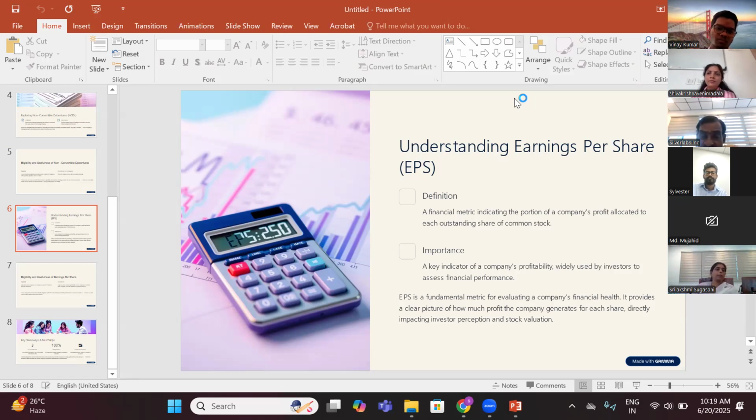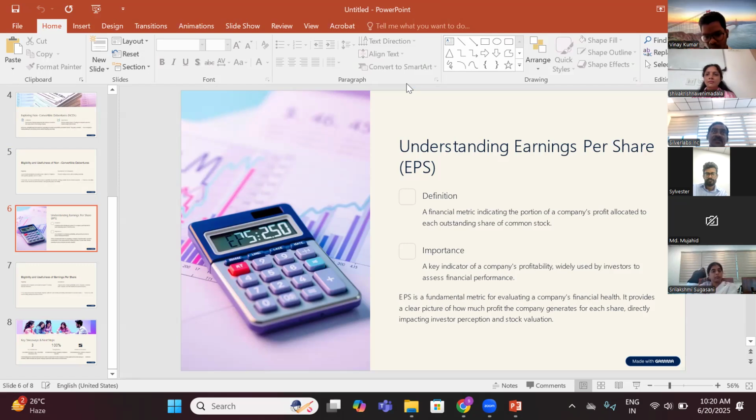Then after investing, he will get good returns on his investments. EPS is a fundamental metric for evaluating a company's financial health. It provides a clear picture of how much profit the company generates for each share, directly impacting investors' perception and stock valuation.